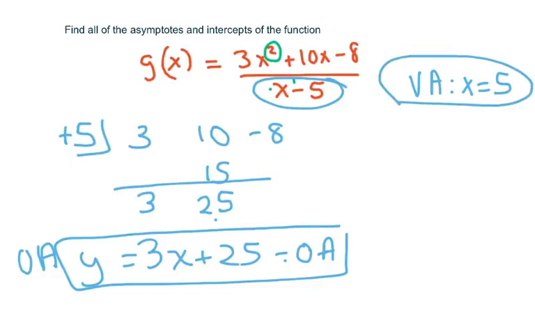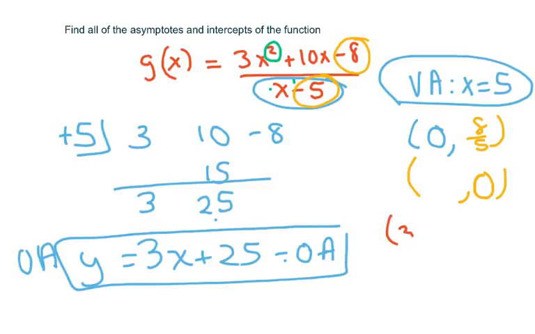The intercepts are, the y-intercept is when x is 0. So you just divide those two and you get 8 over 5. And for the x-intercepts, where y is 0, we're going to have to factor the numerator.